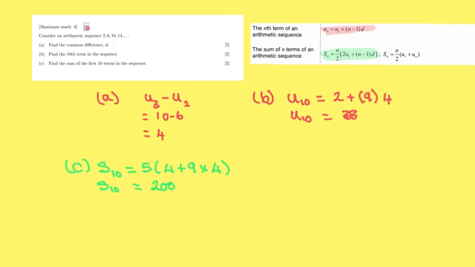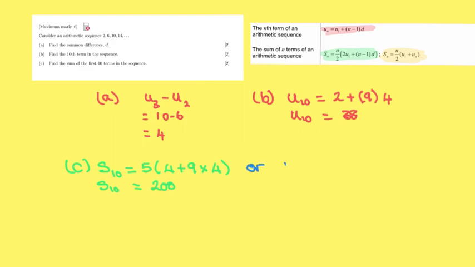Or, because we were asked to find the 10th term previously, there is another formula, this one, where if you know the first term, u1, and the last term, in this case is u10, you can use that formula.